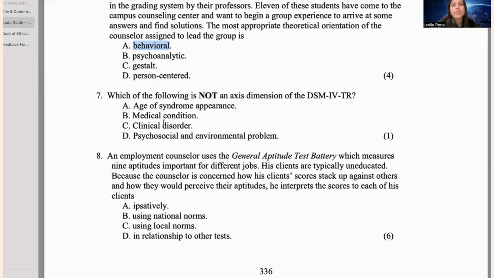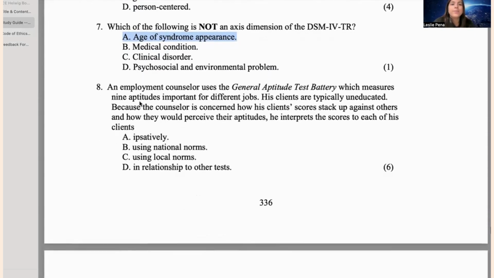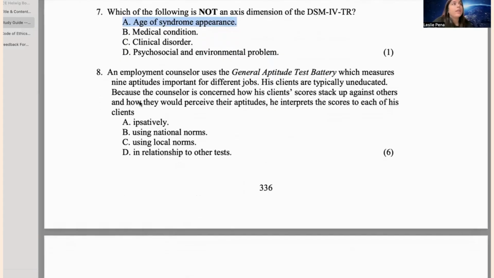Every single person is different. So the answer for this one is A, the age of syndrome appearance. Sometimes, like I've seen autism in adults that wasn't diagnosed when they were a child, but they never got the diagnosis. Okay, let's continue.